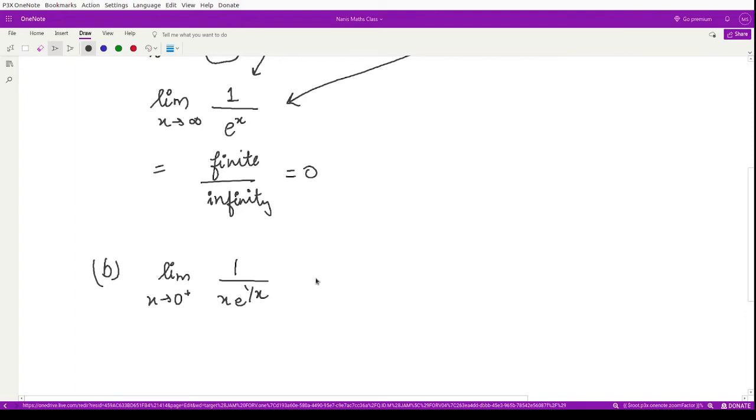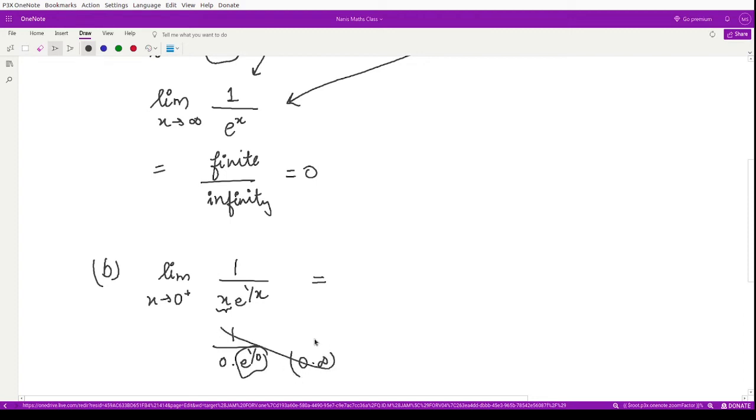If you directly substitute 0 here, it would be 1 by 0 into e to the power 1 by 0. Now this quantity would be e to the power infinity, that would be infinity. So you are having some form like 0 into infinity.